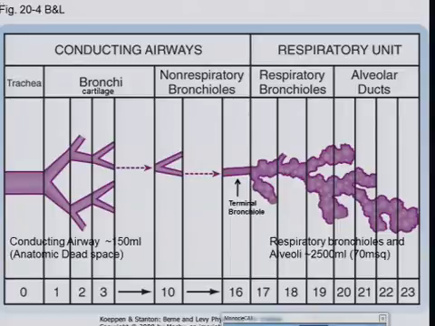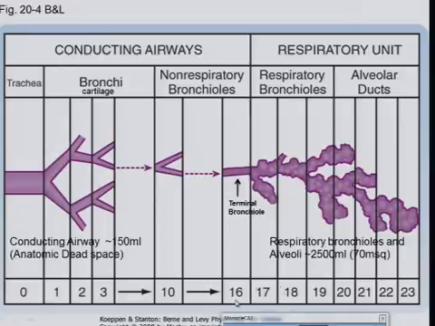This surface area is very important when we talk about gas exchange. Surface area is directly proportional to the amount of oxygen and CO2 that we can exchange between the airway and the circulatory system. Keep in mind that this large surface area is especially important when we talk about the disease of emphysema. We're going to see how the decrease in that surface area can be quite dramatic.